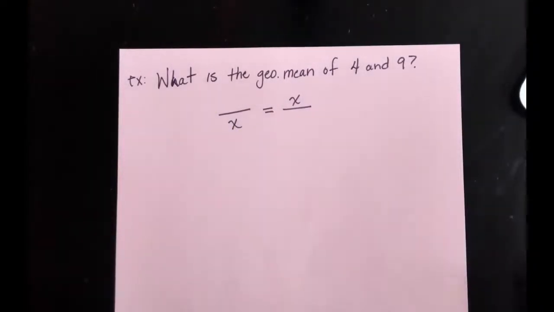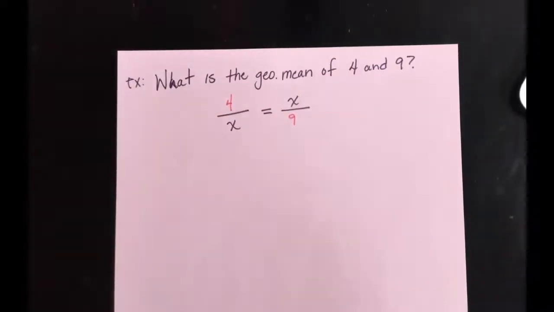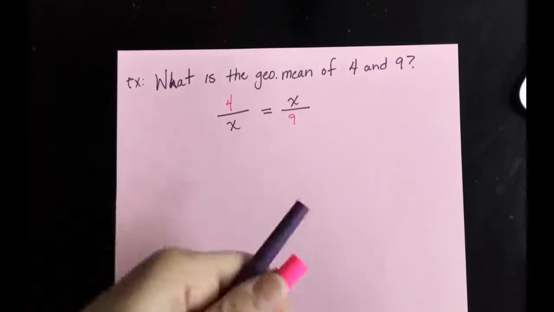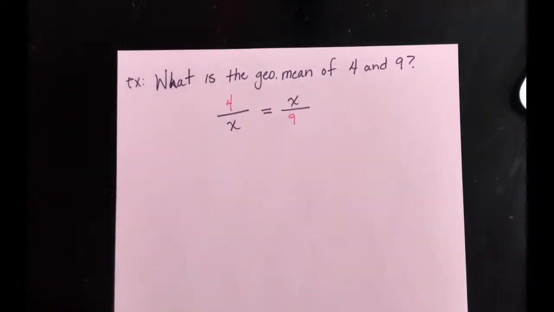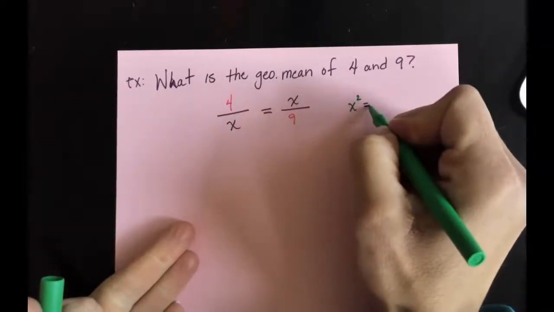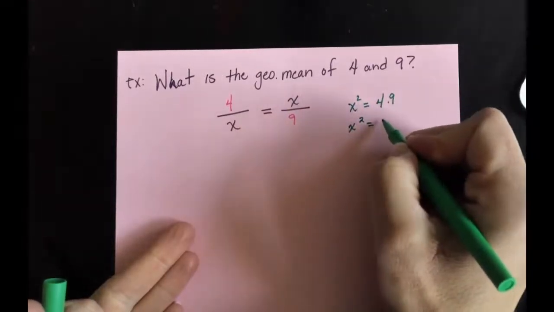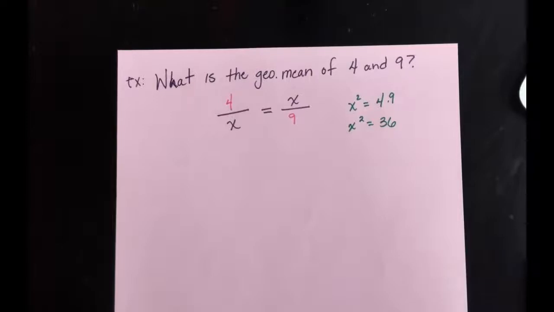If we look at where the 4 and 9, those are our extremes. Whether it's 4 and 9 on the bottom or 9 and 4, doesn't matter, but they're in the extremes position. So what we find out is when we do this cross multiplication, x squared equals 4 times 9, we end up with x squared equals 36.